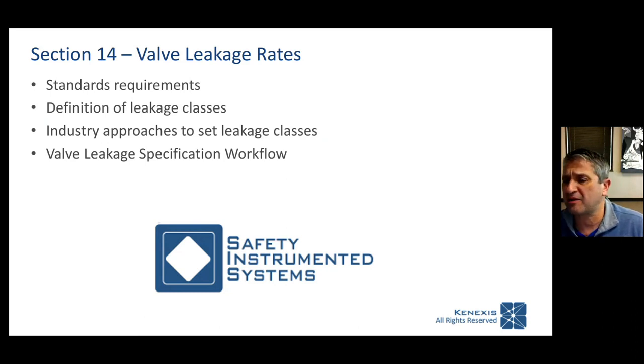But you're not really clearly saying what you want either. So we'll go through all of the standards that talk about leakage classes, compare and contrast them, and give you a recommendation for what the most appropriate standard would be to use when you're determining those leakage requirements.